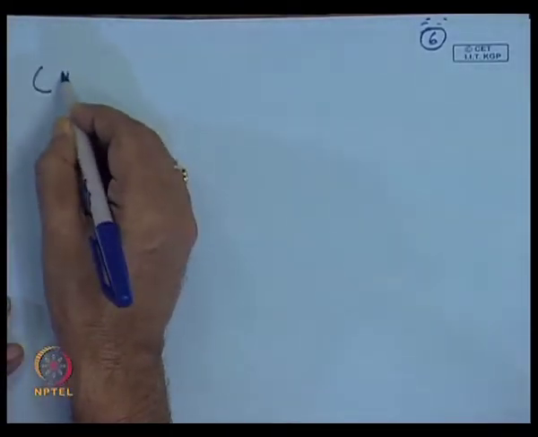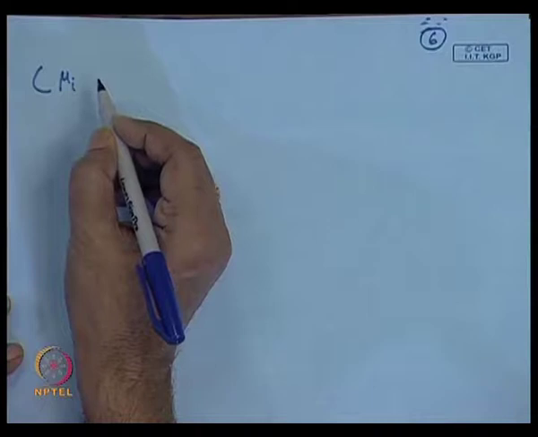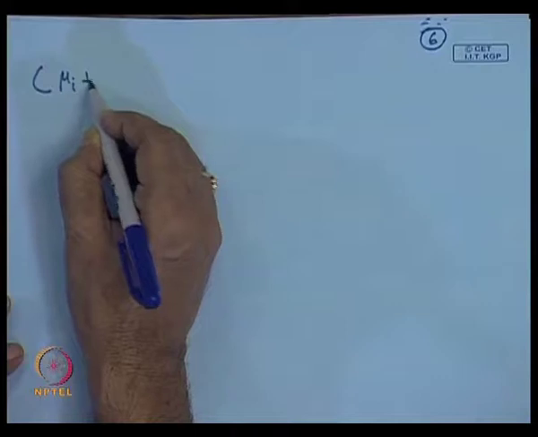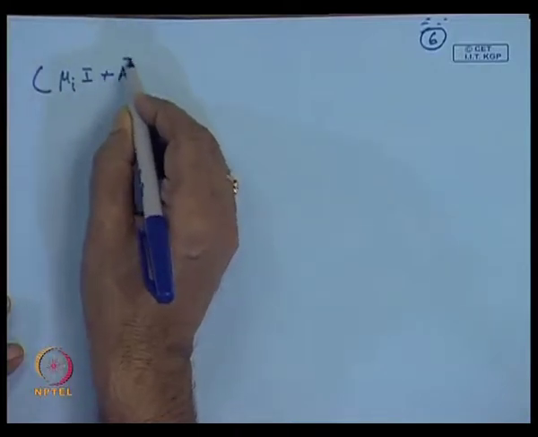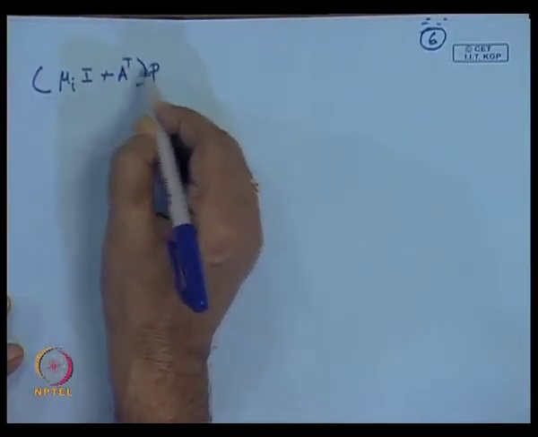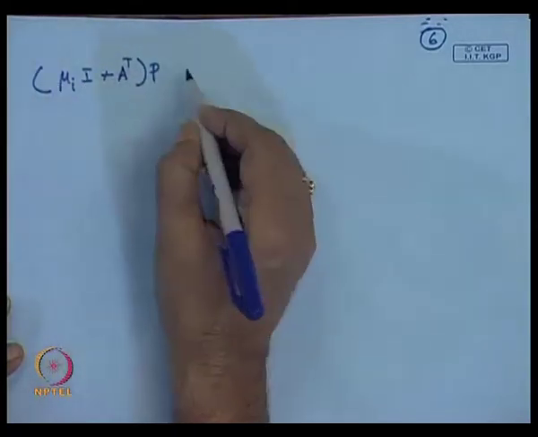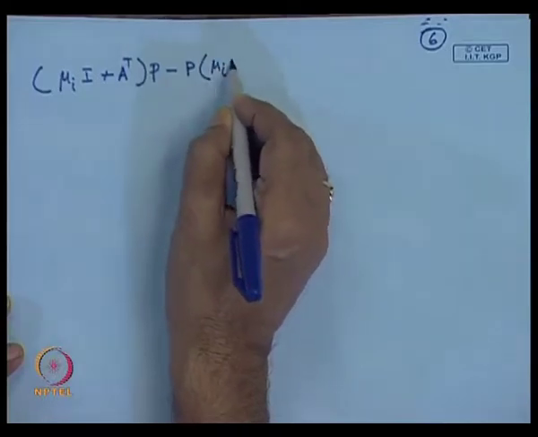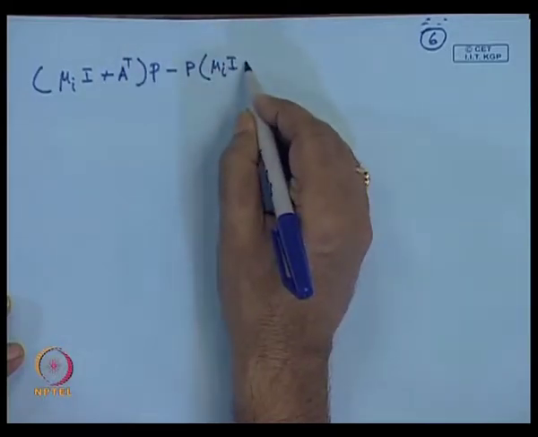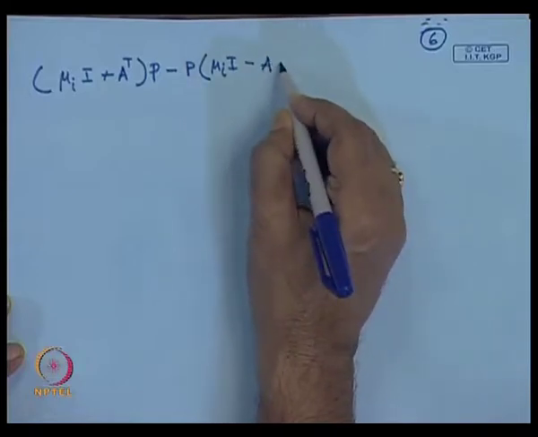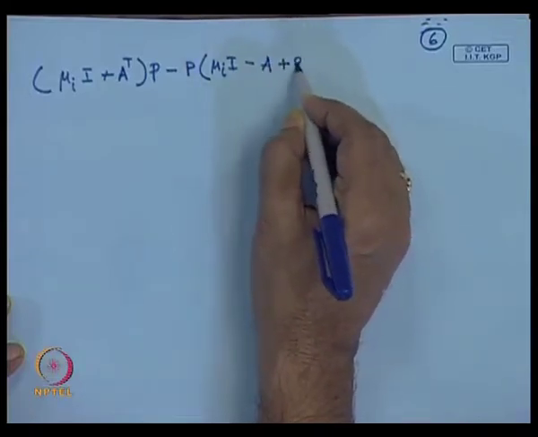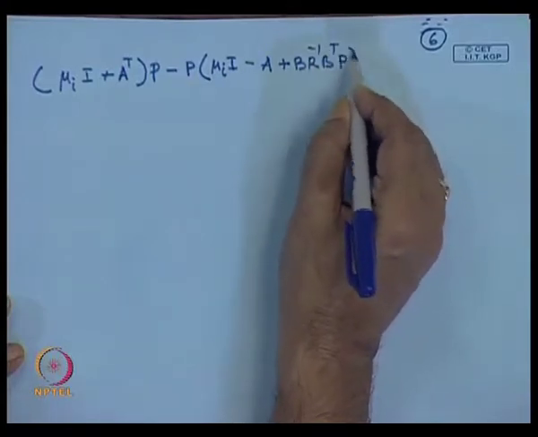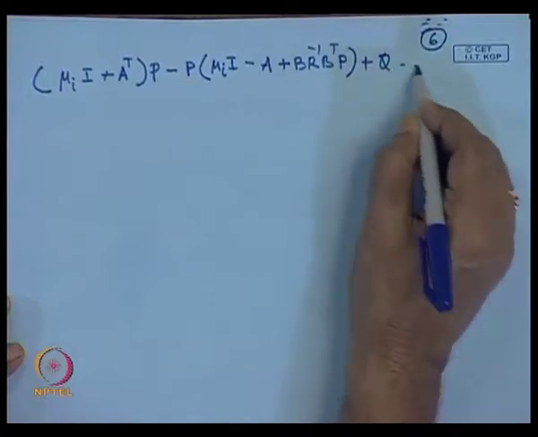Look, mu I is the eigenvalue of the Hamiltonian matrix corresponding to a stable eigenvalue mu I. I have added mu I times P and subtracted it in this way, then A transpose minus mu I plus B R inverse B transpose P plus Q. Let us call this equation number 2.